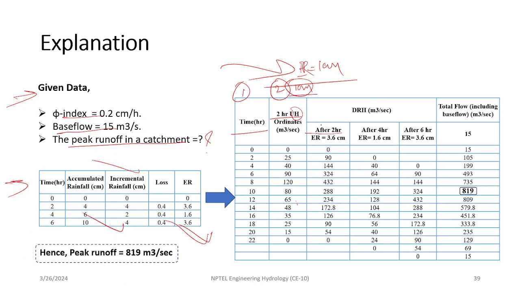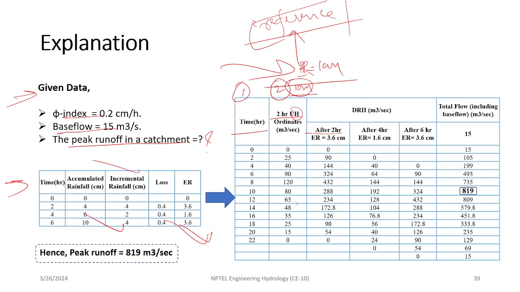But look at the question. We have three different storms and three different effective rainfalls. Actually, this is given for reference purpose. For 1 centimeter of effective rainfall, we are getting this much of data.